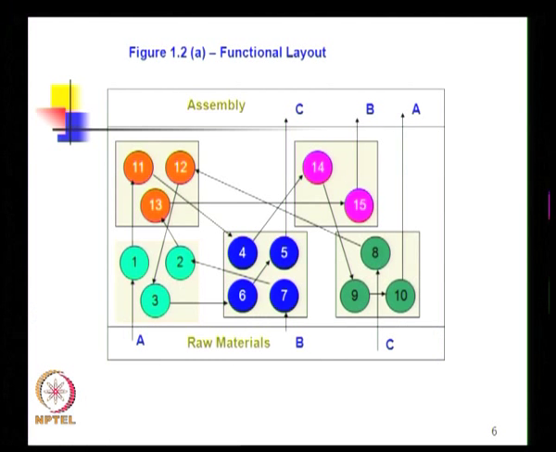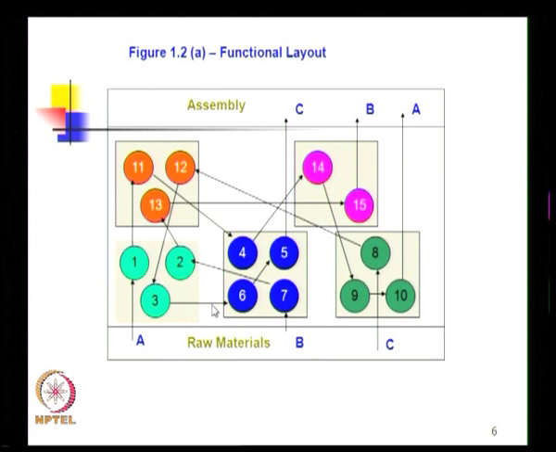Now, this is a schematic representation of a functional layout for batch manufacturing. So, this captures a shop which has about 15 machines, and these 15 machines are grouped according to a functional layout or departmental specialization. So, we assume that machines 1, 2 and 3, which are shown in bluish green, represent one type of machines.